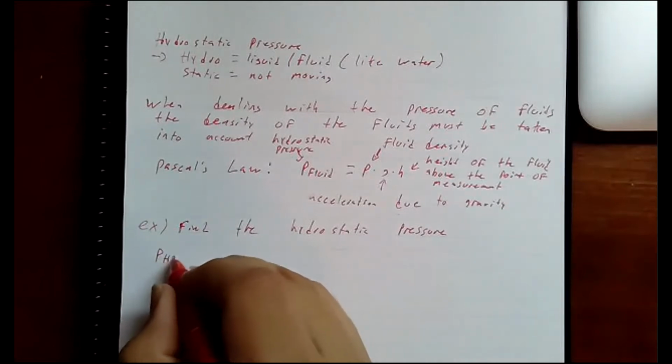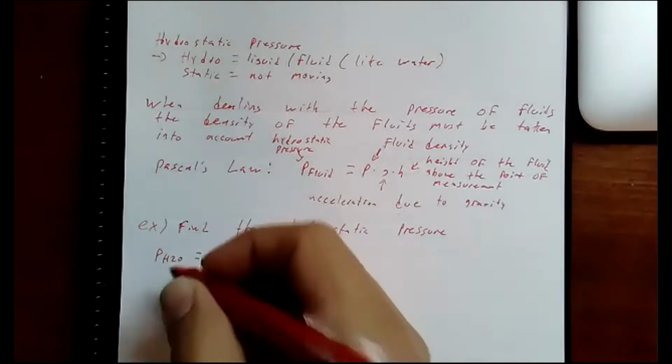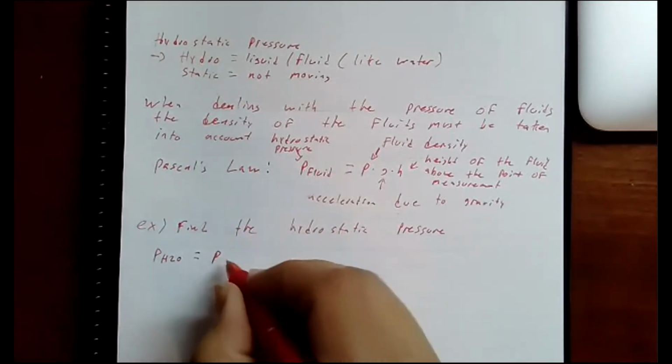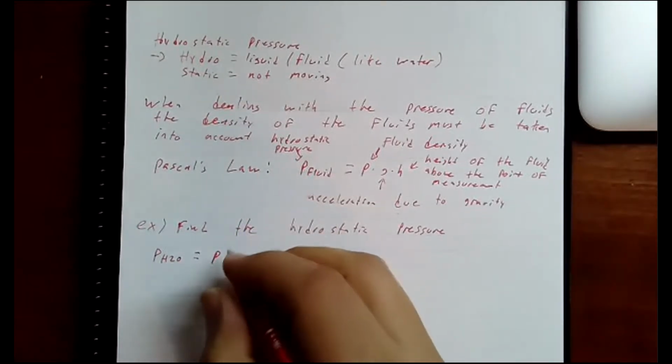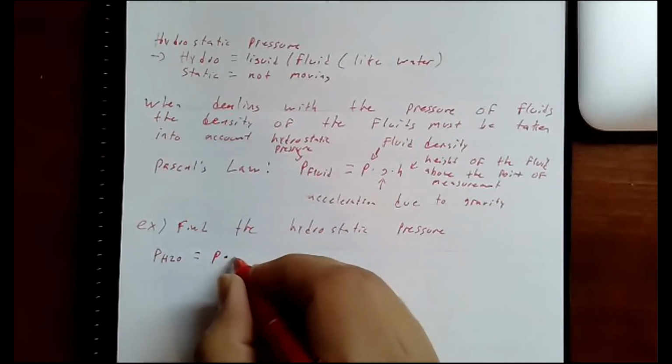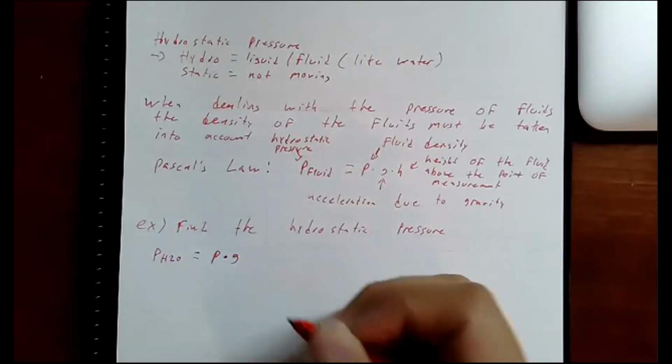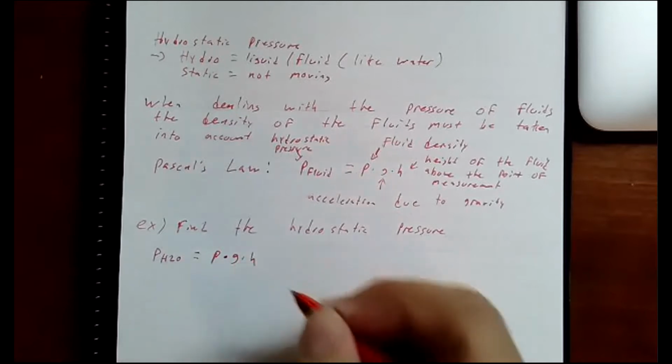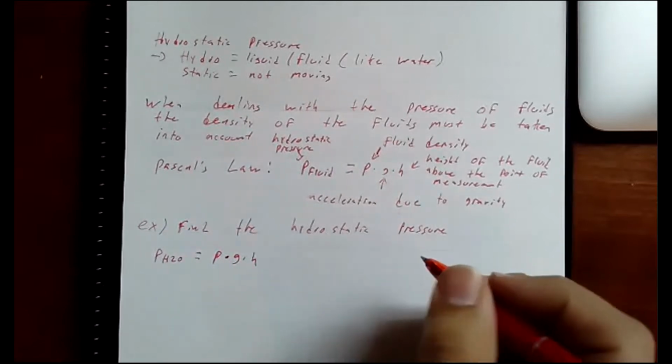Rho H2O, that would be equal to the density of water times g times h. So they would have to give you all this stuff.